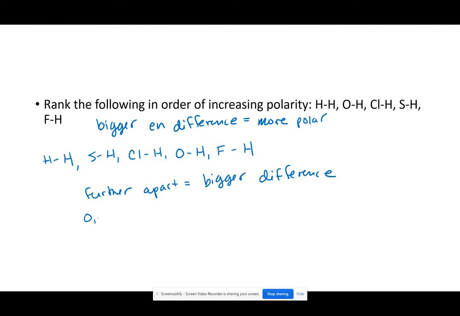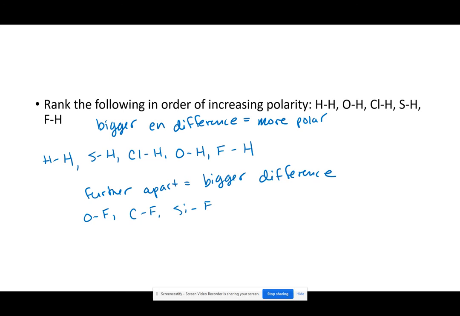I want OF, CF, and SiF, and I want to rank those in order of increasing polarity. Actually, I accidentally did it in the correct order.